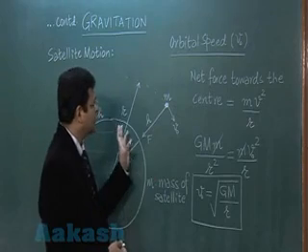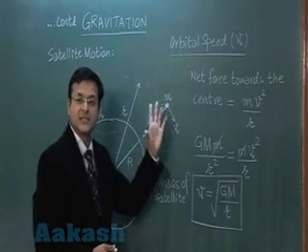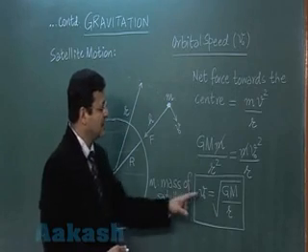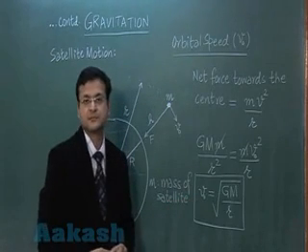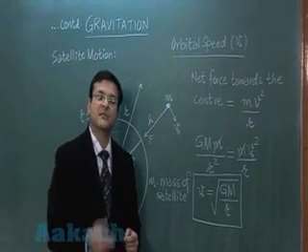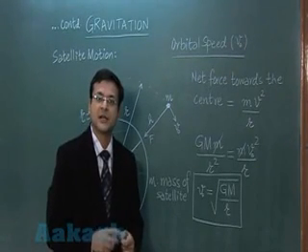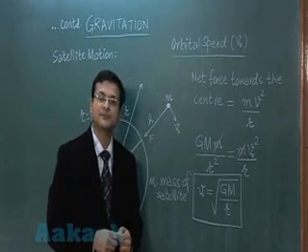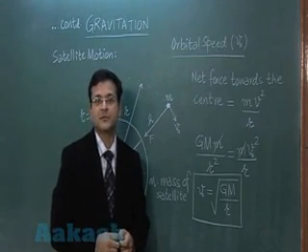But in case r is increasing, in case satellite is orbiting at a larger altitude, then its linear speed becomes less. This is the first thing you should keep in your mind, that if a satellite is rotating very close to the surface of the earth, its linear speed will be very large. If it is placed at higher altitude, then its speed will be very less.